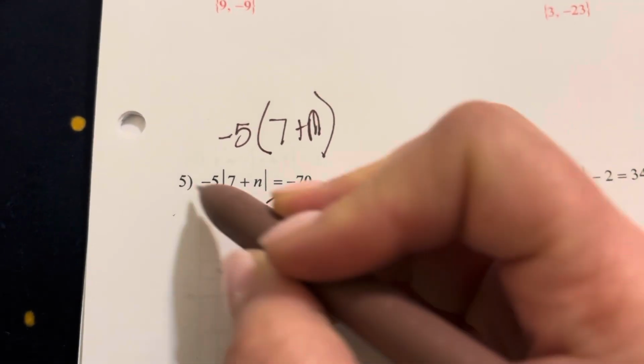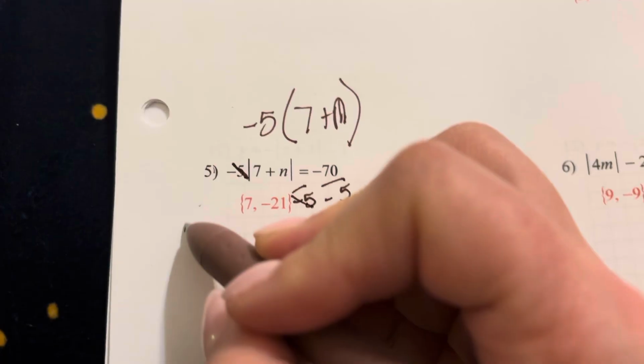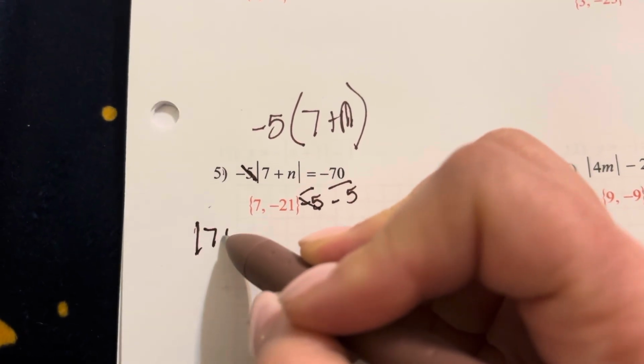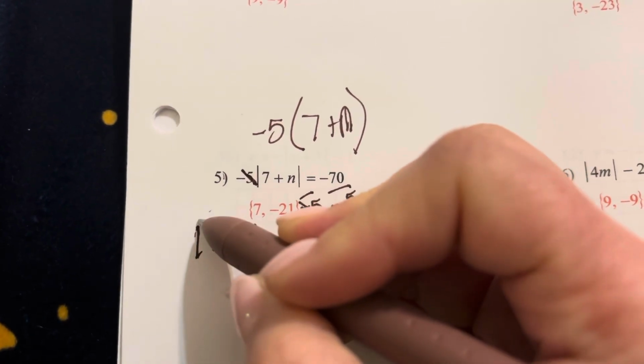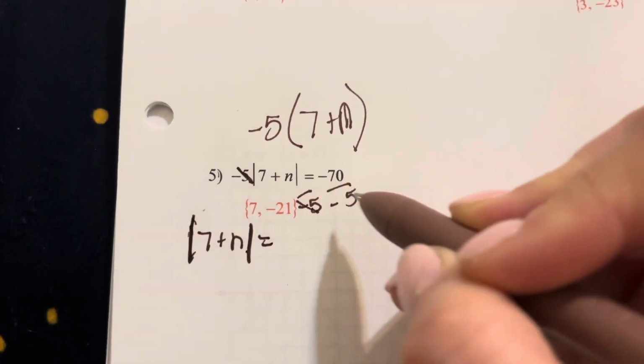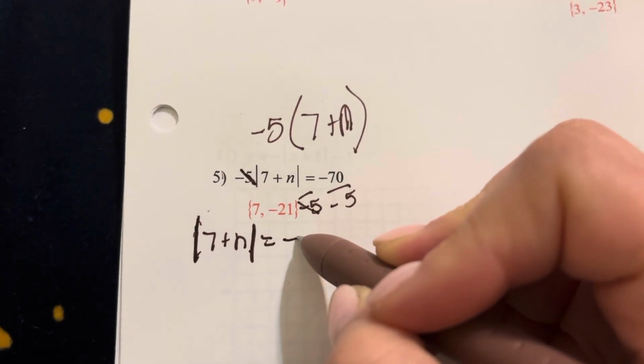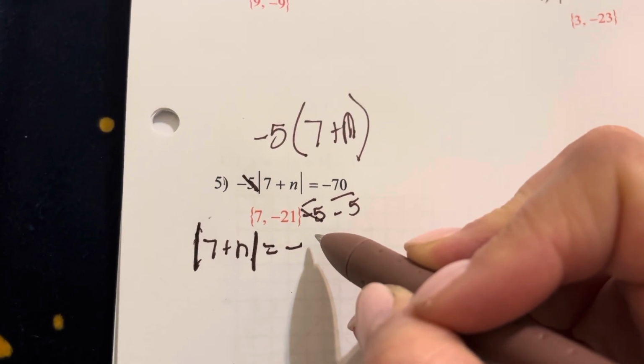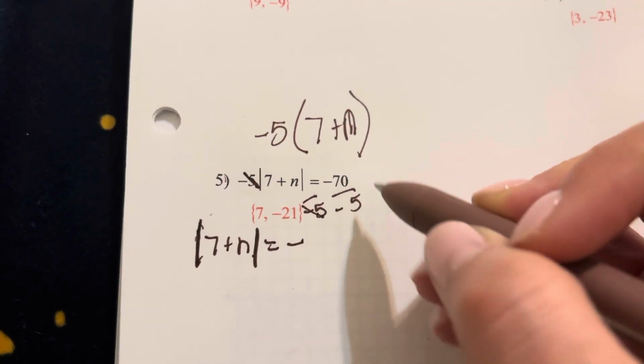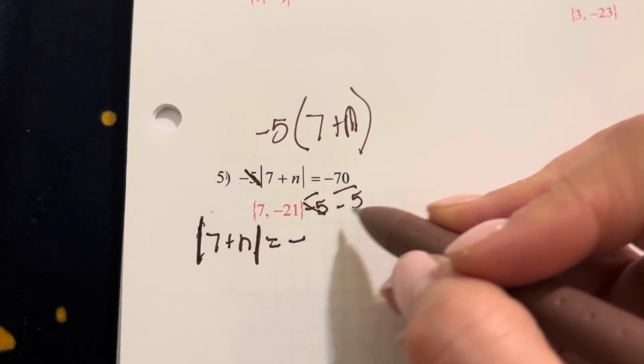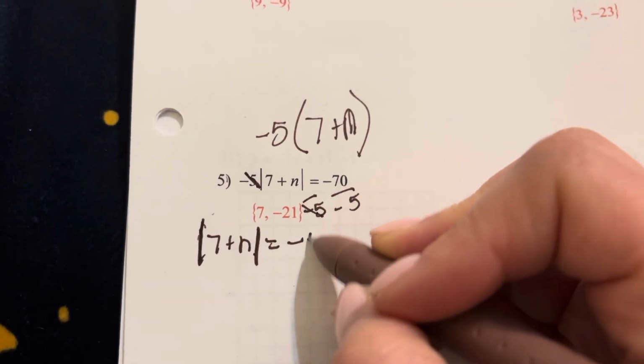That cancels these 5s out, leaving you with the absolute value of 7 plus n equals negative 5. We did this in class. Look at me. Negative 5 goes into that once.